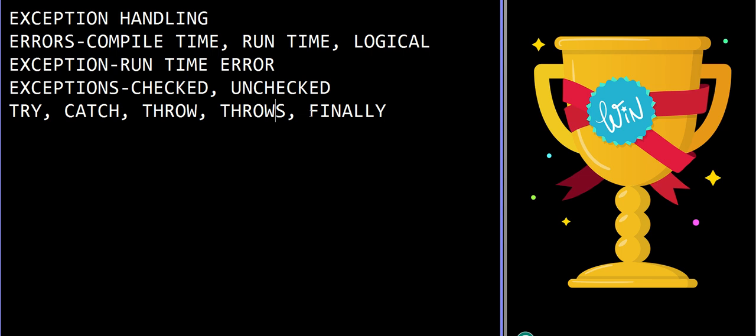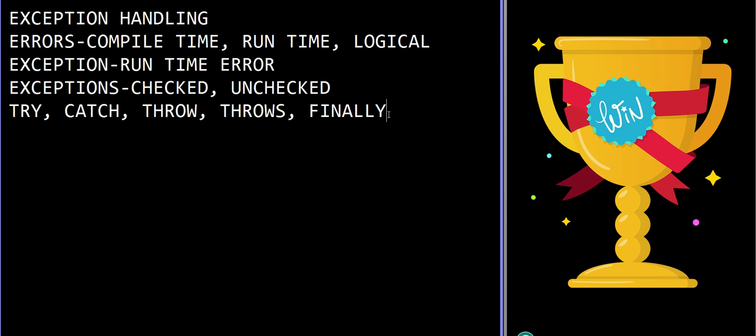And finally, this is the last keyword. Finally is used to perform cleanup activities in the program. Its speciality is that even if an error or exception occurs in the program, the finally block will be executed.